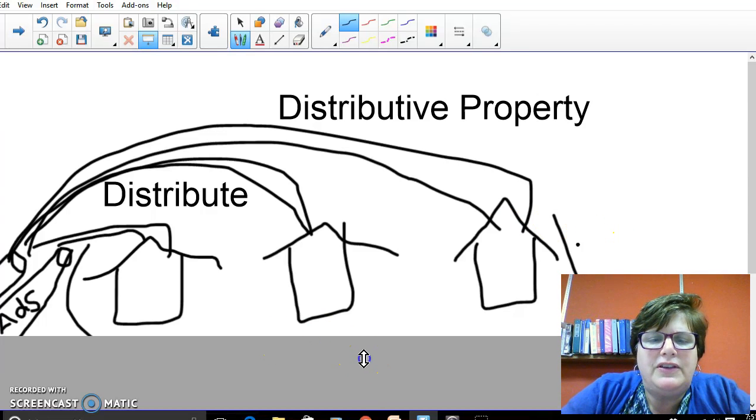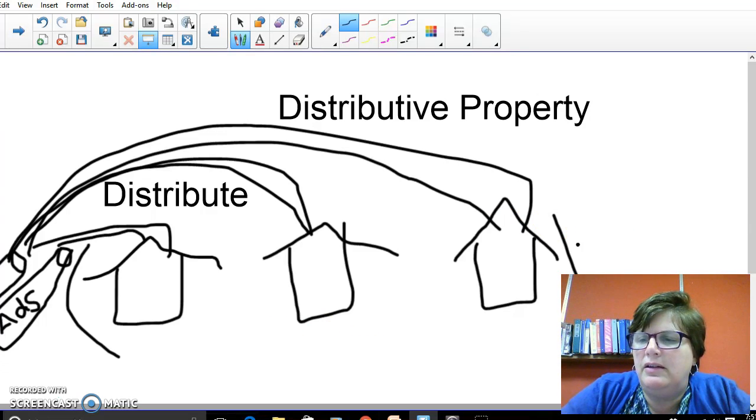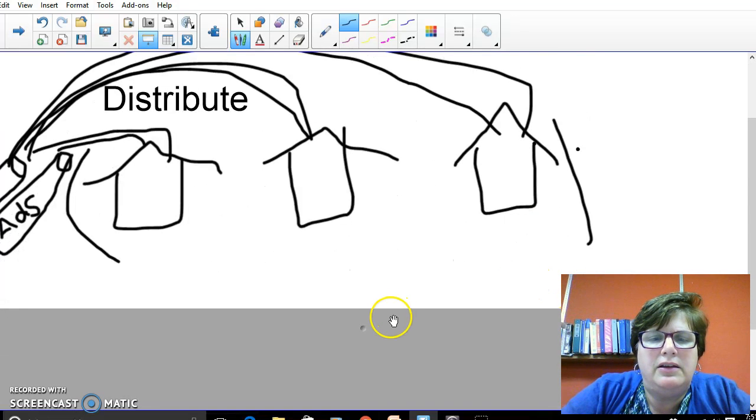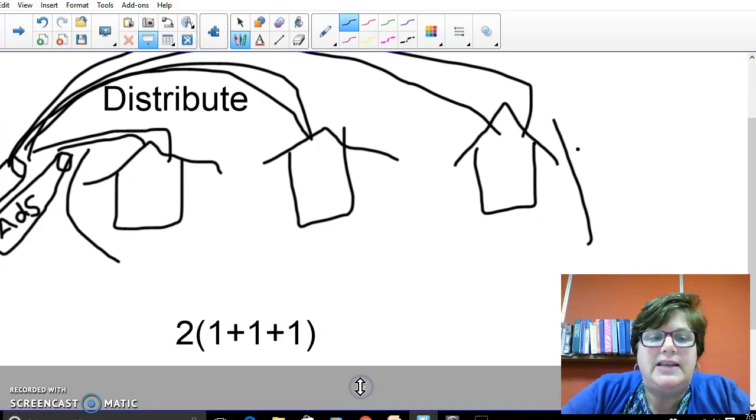So when we look at this, technically this was like saying we had two papers for one house here and one house here and one house here. So what's another way that we could write that?